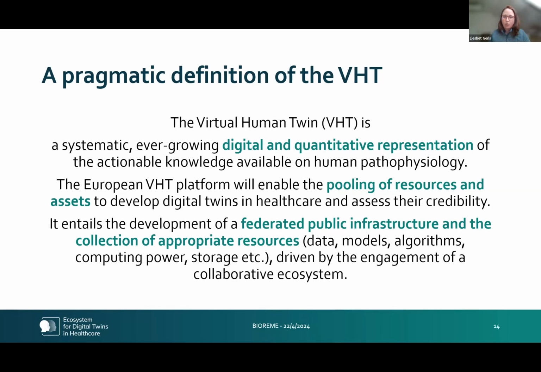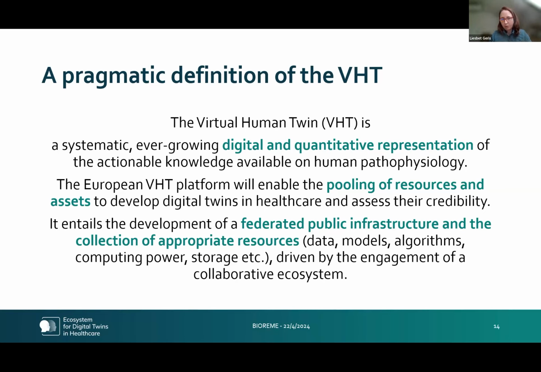So building these digital twins and assessing their credibility. And so this federated public infrastructure should be able to link up to existing other infrastructures and allow for the collection of appropriate resources that have not yet found a home. So the data that is not yet in another repository should find a home in the VHT infrastructure.